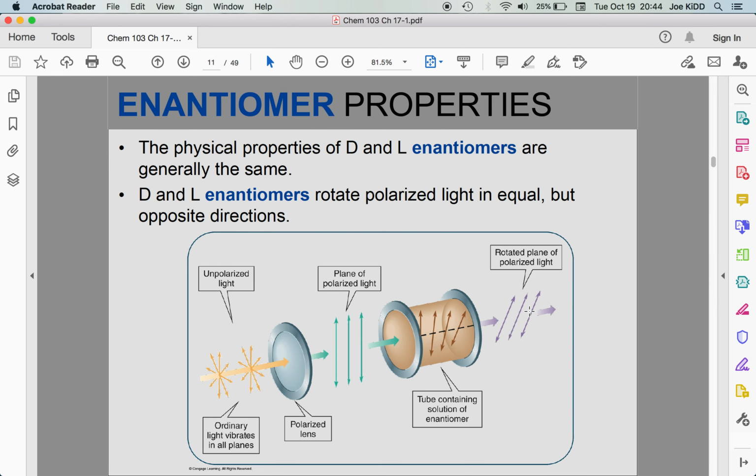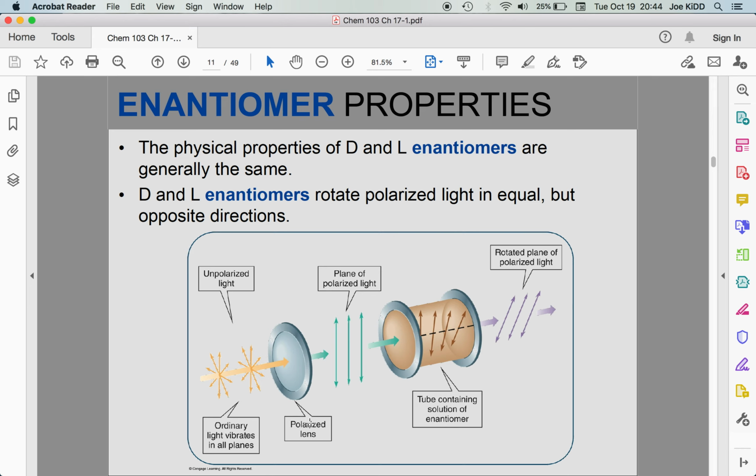So why do we need to distinguish these? One of the interesting physical properties that some enantiomers have is that they can rotate plane polarized light, but they do so in opposite directions. One way to look at this would be if we had light, just light from the sun or a light bulb or something like that, a source of light flying in every direction, and we can put it through a polarized lens.